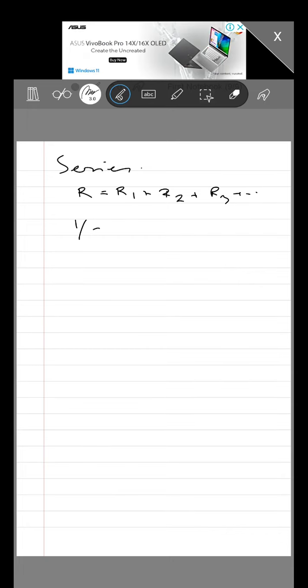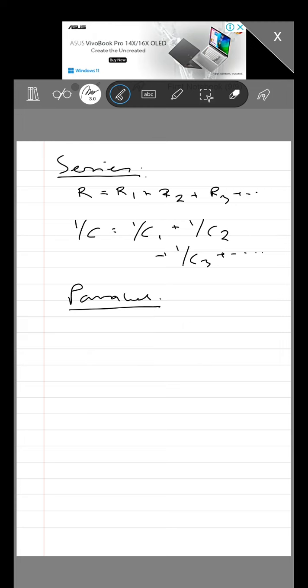So similarly, we can write 1 by C is 1 by C1 plus 1 by C2 plus 1 by C3, for the series, and if we arrange in parallel, then it's quite the opposite. Then C is equal to C1 plus C2 plus C3 and so on. So this is how the conductance behaves.